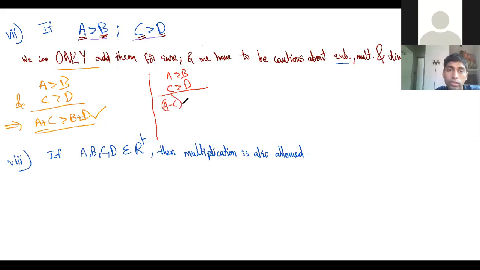A minus C is greater than B minus D. But then the same thing, if I write C greater than D, A greater than B, it shouldn't matter who you're subtracting first. If I subtract both of these inequalities, I get C minus A is greater than D minus B.